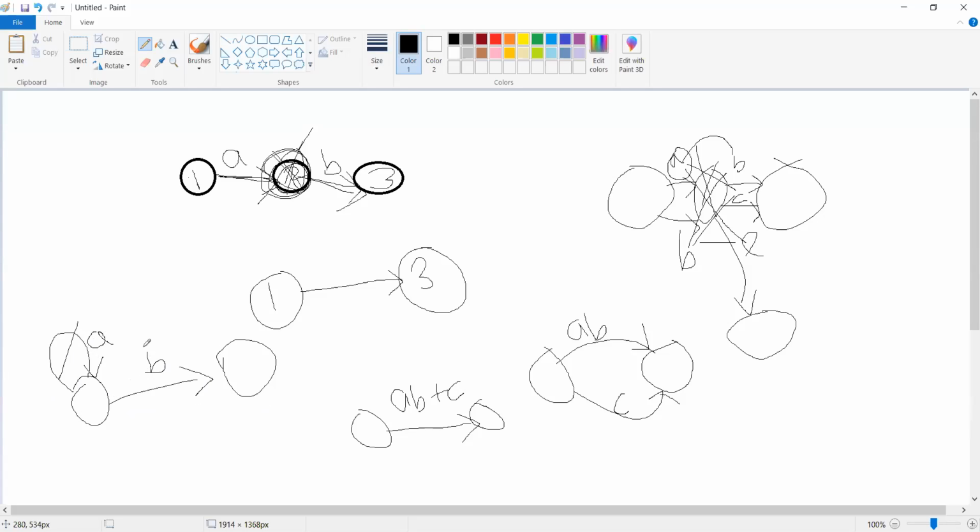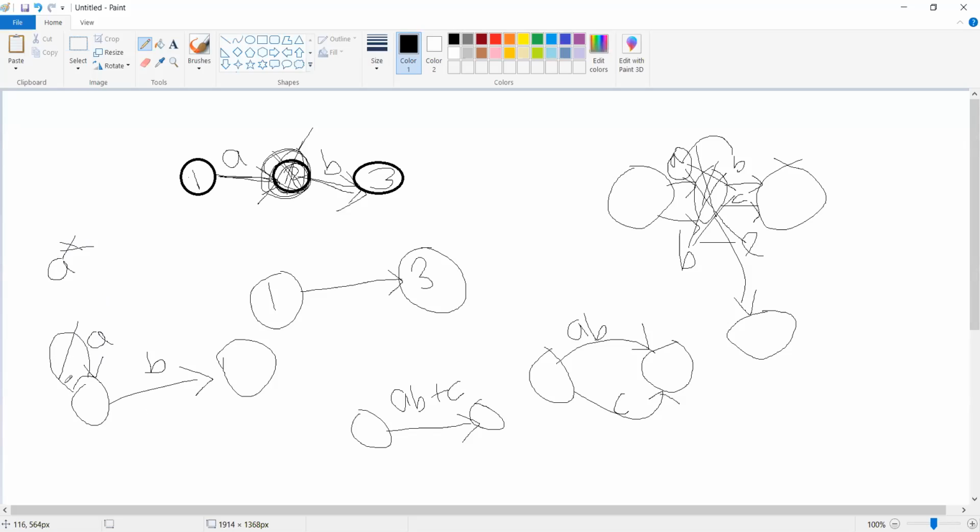Whenever you remove the loop, that loop term will be represented with A star. I am writing A star here because this is the transition I have.